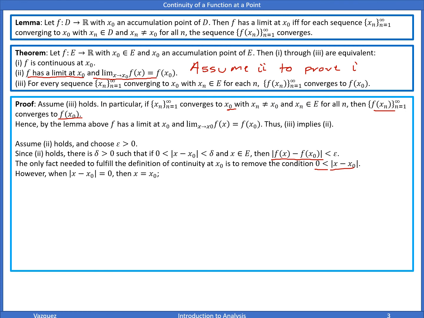Well, let's take the case where x minus x naught is equal to 0. Then x is equal to x naught, and as we had seen before in the last slide, f of x minus f of x naught is equal to 0, which is always less than epsilon. So by default, f is continuous at x naught. In other words, 2 implies 1.